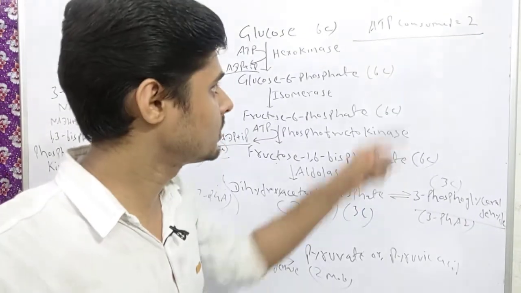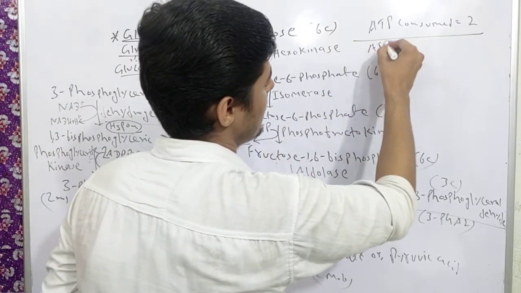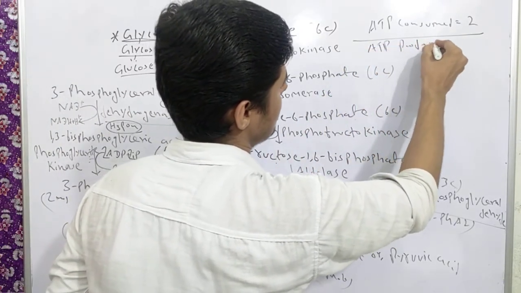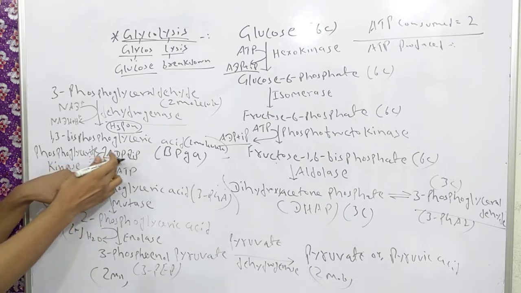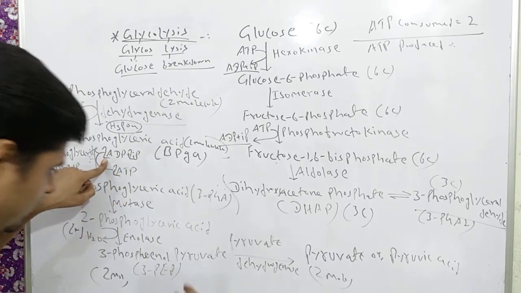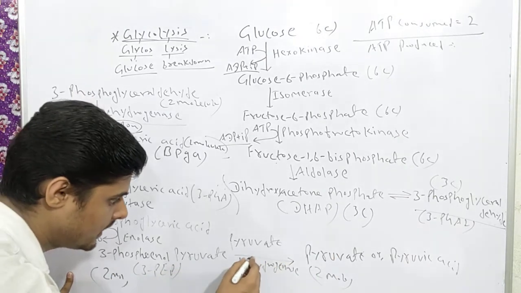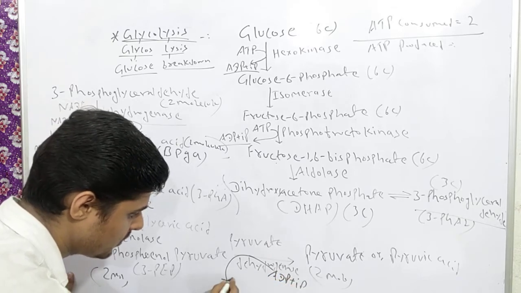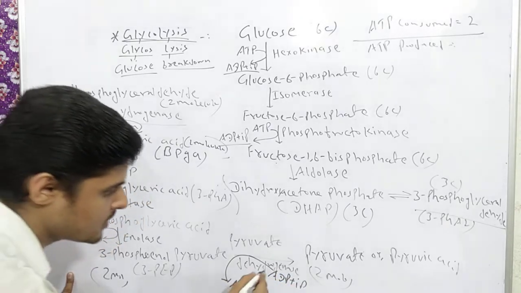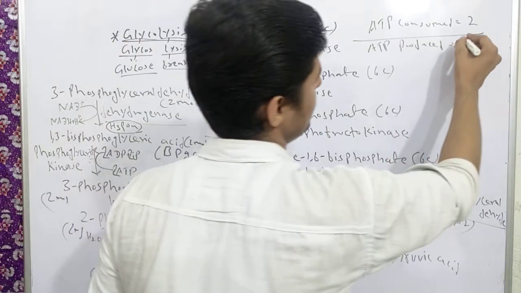If you talk about how much ATP is produced, direct ATP production is, you can see here, 2 ATP. And again in this process, when phosphoenol pyruvate gets converted into pyruvate, ADP gets converted into ATP. How many molecules here again? 2 molecules. So 2 and 2, this is 4 molecules.